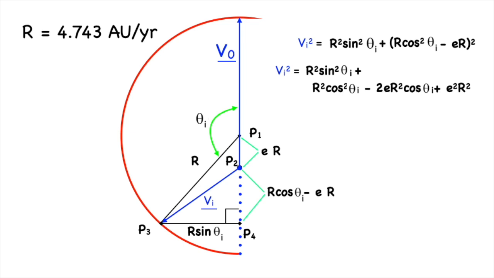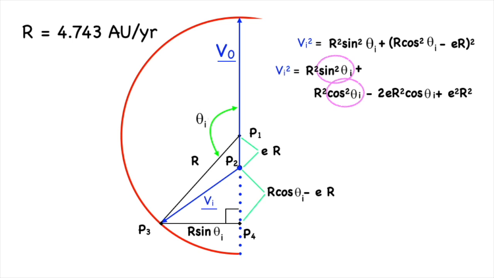And when we factor out capital R squared on the right, we see that there will be a sum of sine squared theta sub I plus cosine squared theta sub I, which of course equals 1. So simplifying, we get the following.